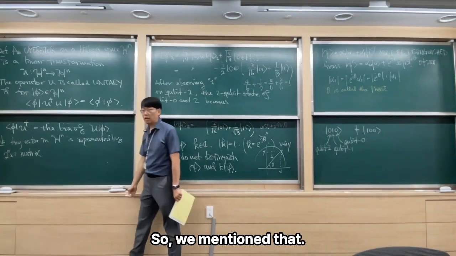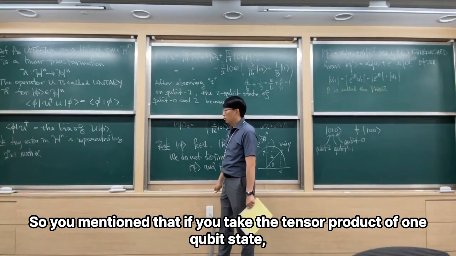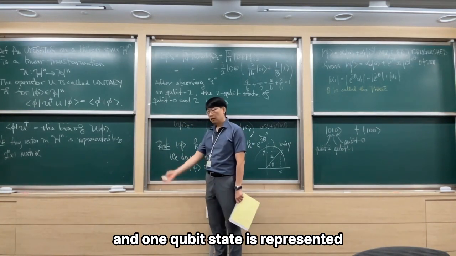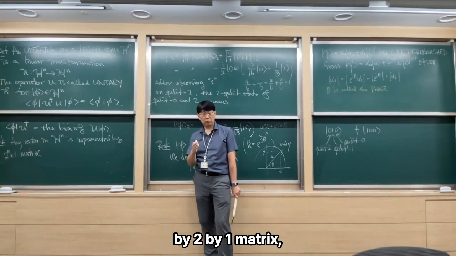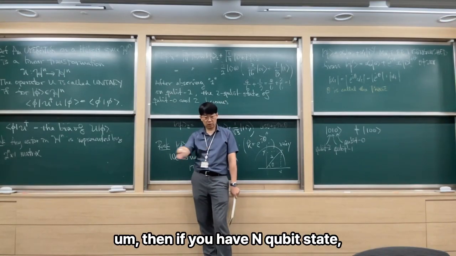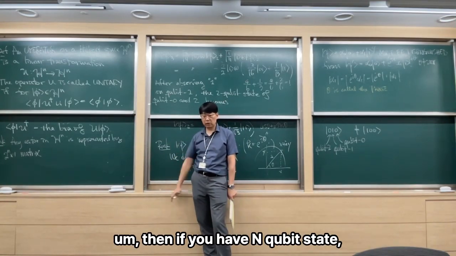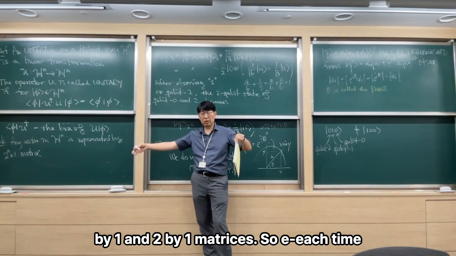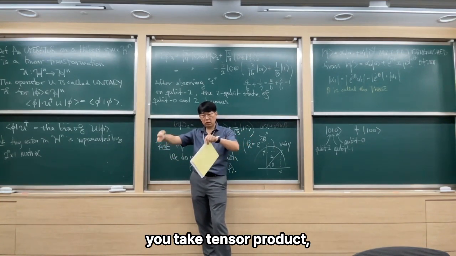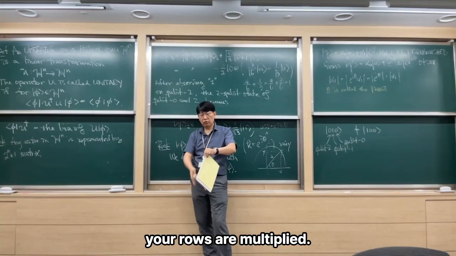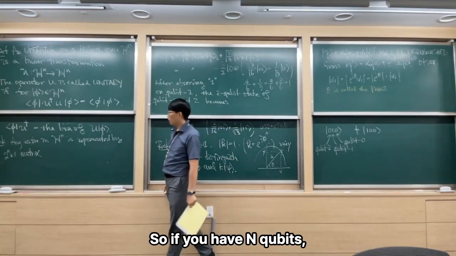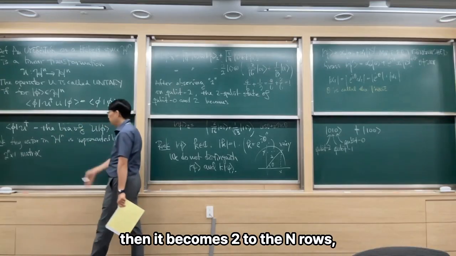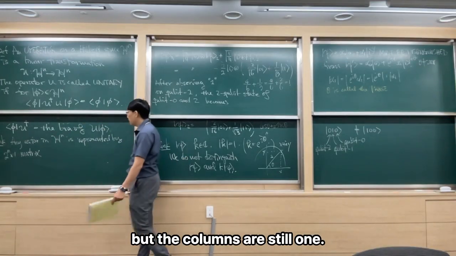We mentioned that if you take the tensor product of one qubit state, and one qubit state is represented by a 2 by 1 matrix, then if you have an n qubit state, you're taking the tensor product of n 2 by 1 matrices. Each time you take the tensor product, your rows are multiplied. So if you have n qubits, it becomes 2 to the n rows, but the columns are still 1.